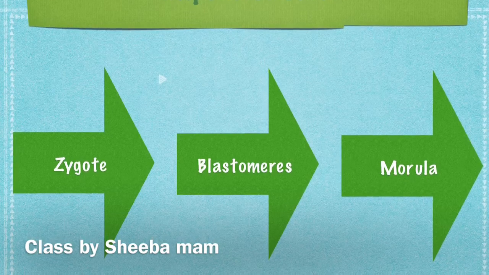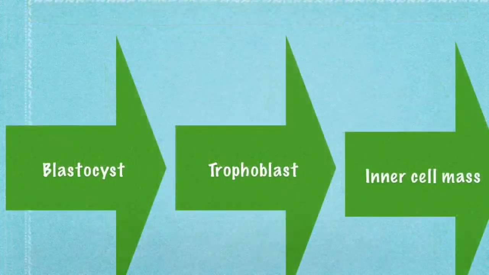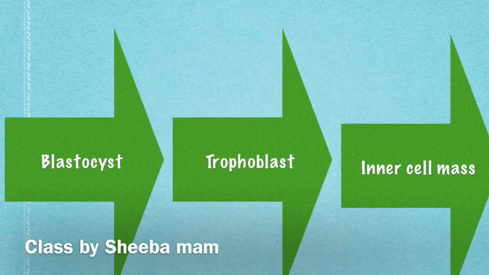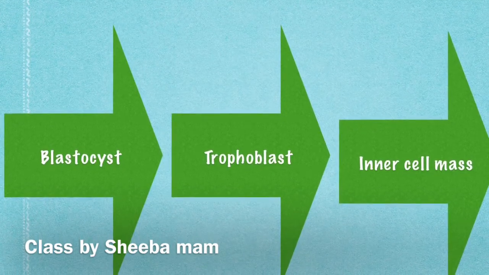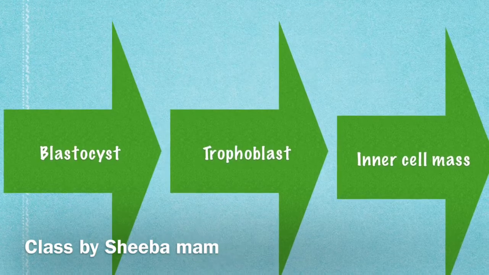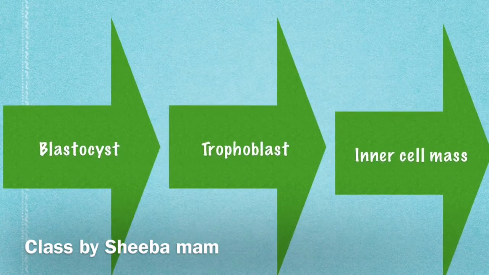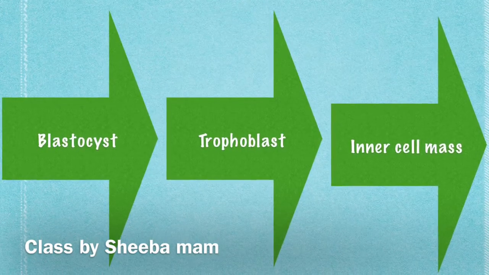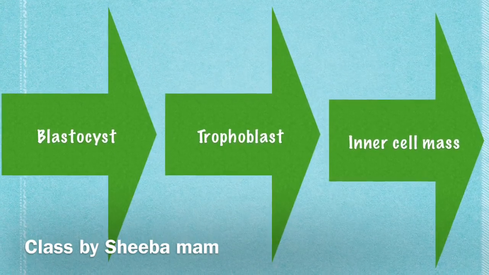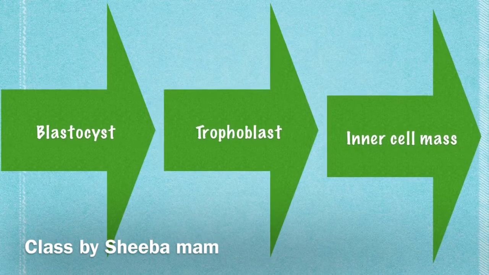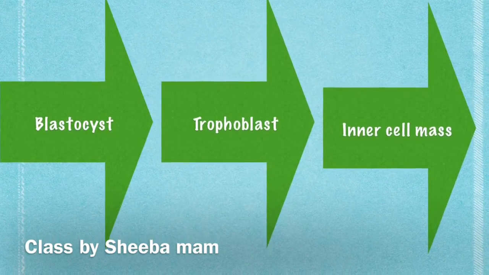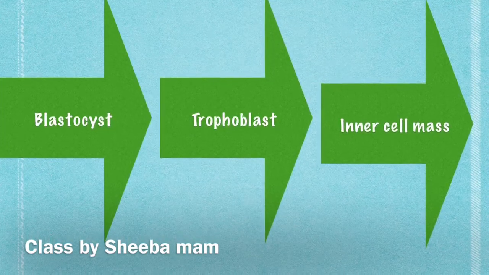Morula means little mulberry. The morula continues to divide and transforms into a large mass of cells called a blastocyst, which passes further into the uterus. Blastomeres in the blastocyst are arranged into an outer layer called a trophoblast and an inner group of cells attached to trophoblast called the inner cell mass.